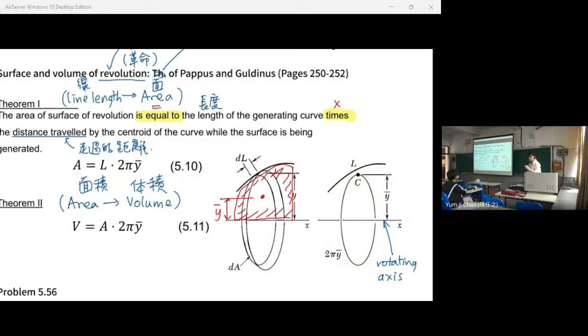This is the first part of the theorem. The second part is from area. To get the volume from the area, we first determine the centroid of the area, and then we multiply. The volume is equal to the area times the distance traveled by the centroid.